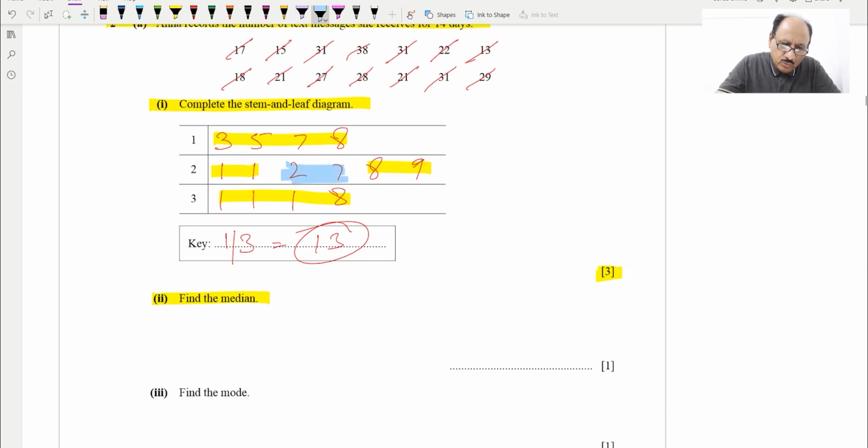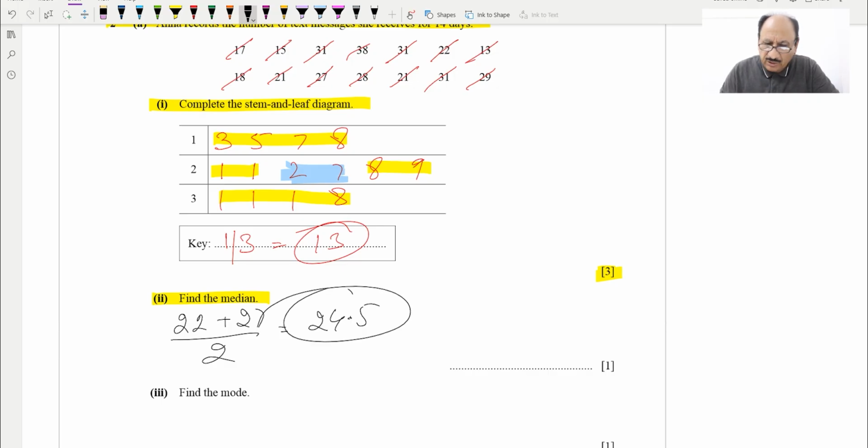So 2 means 22, and 7 means 27, so 22 plus 27 divided by 2. This will be our median, which is 24.5. We can calculate this with the help of a calculator also, and you will get 24.5, and this is for 1 mark.